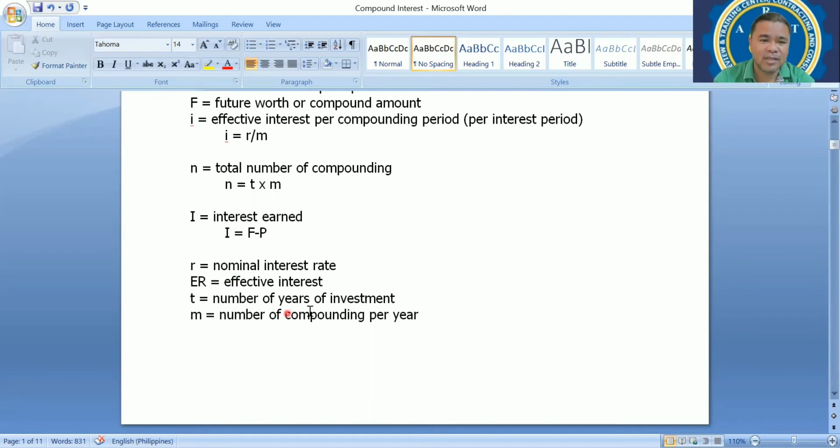T is the number of years of investment. M is the number of compounding per year. Try to familiarize this, because in the board exam, it's always like this, R or the ER.